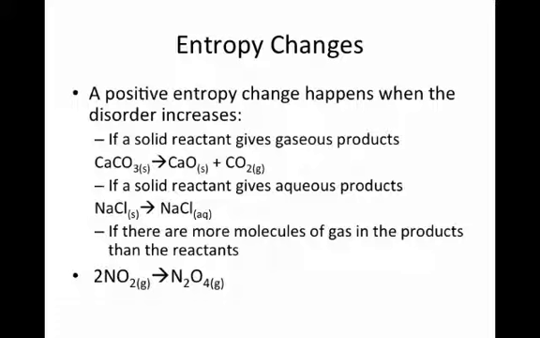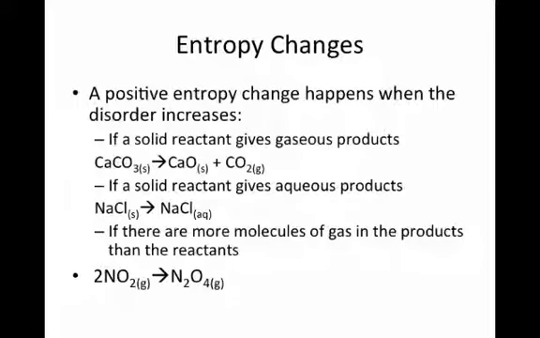If you dissolve something in water, you make an aqueous product from a solid reactant, then that's going to be a positive entropy change. And if there's more moles of gas in the reactants than the products, so this bottom one, that is a negative entropy change, there is a decrease in disorder as we go across. Now, positive entropy changes are energetically favourable. We'll go into what that means in a second.